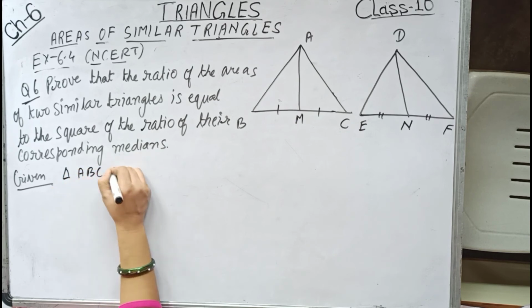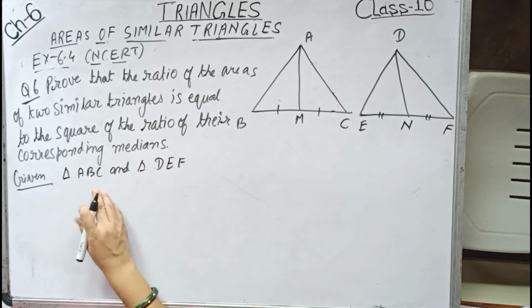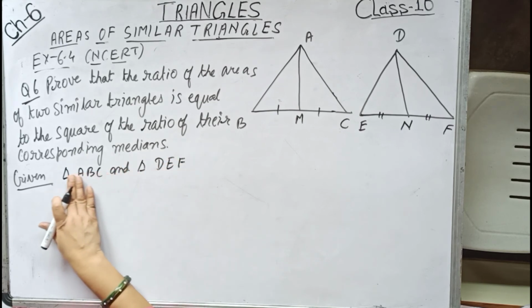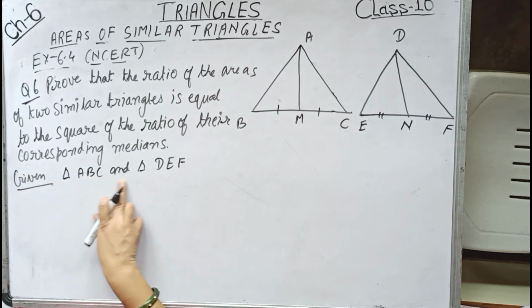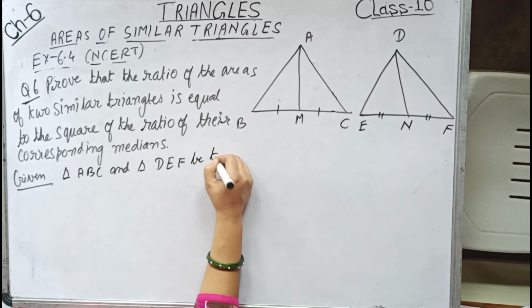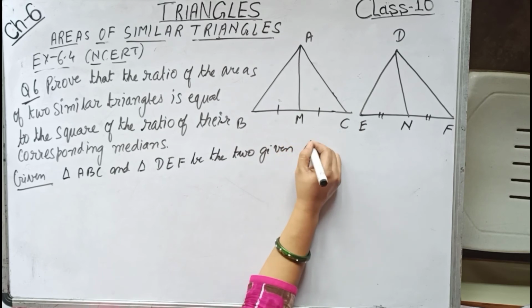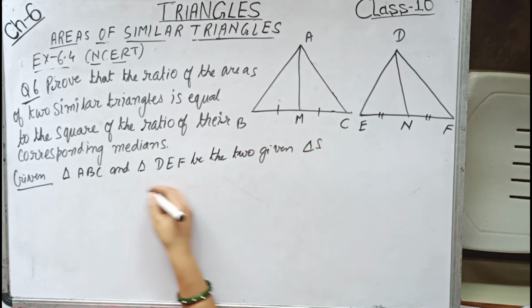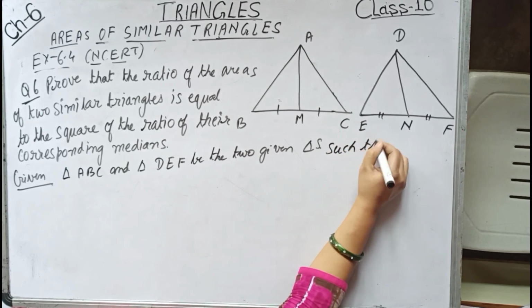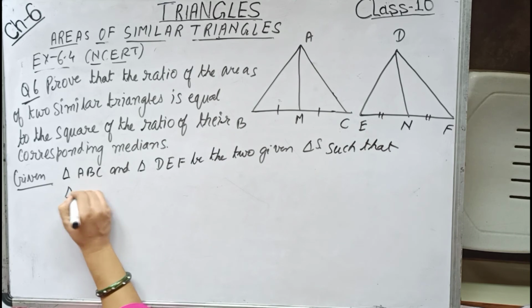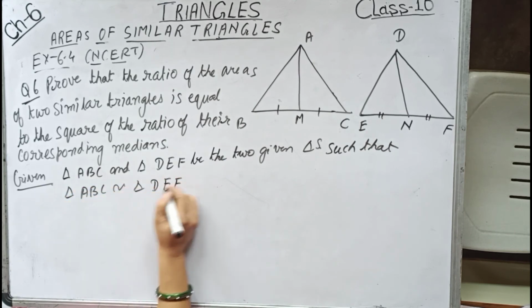So given: let triangle ABC and triangle DEF be the two given triangles such that triangle ABC is similar to triangle DEF. It is given that the triangles are similar.